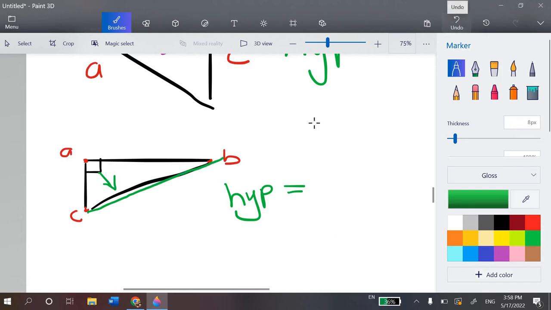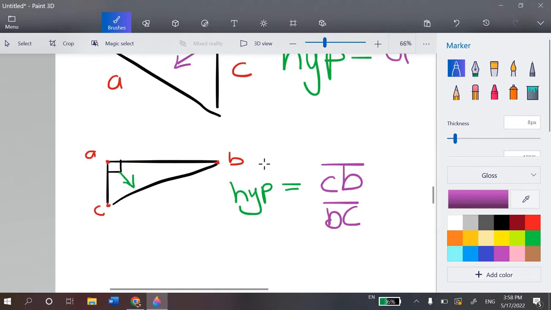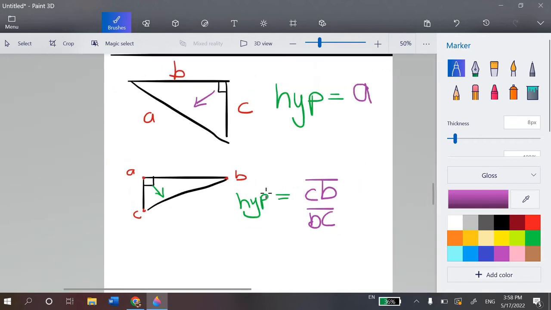What do we name this side? We can call this side CB, with a line on top, or we could also call it BC. Whichever one is fine. Call it CB or BC.